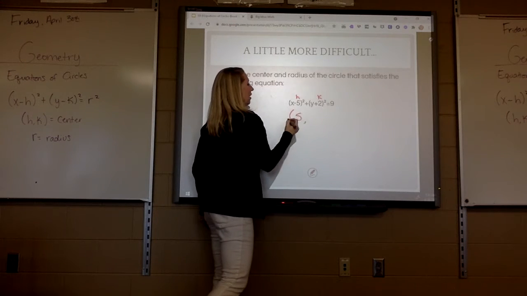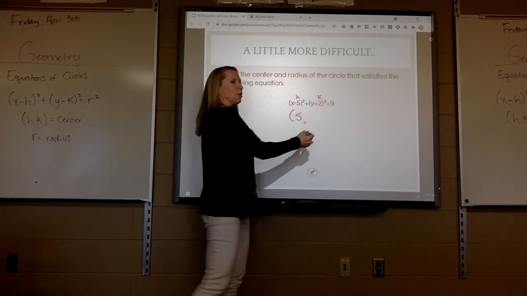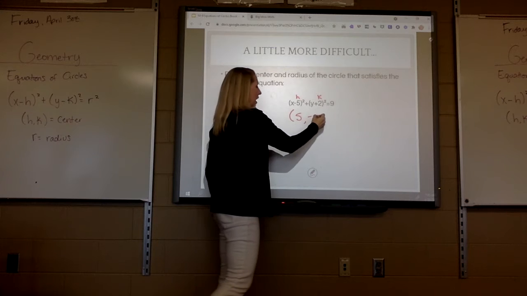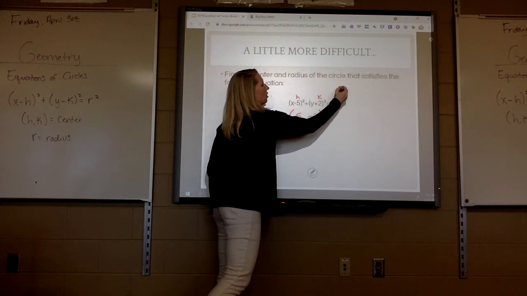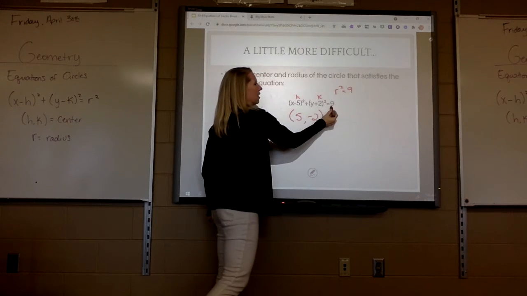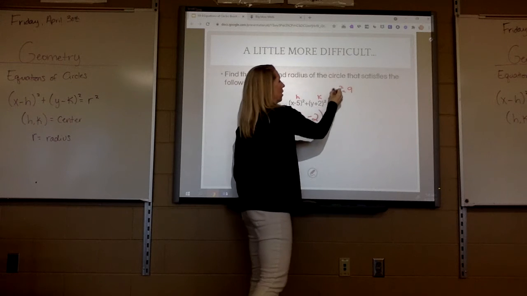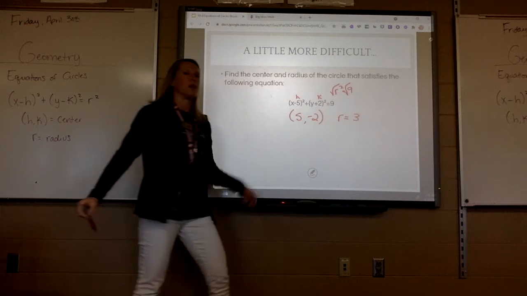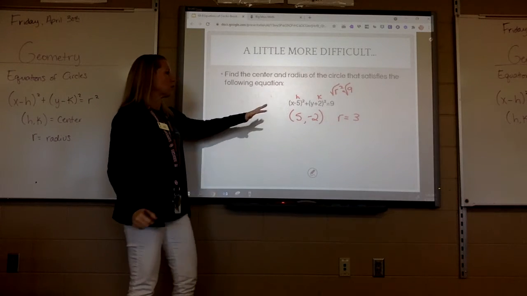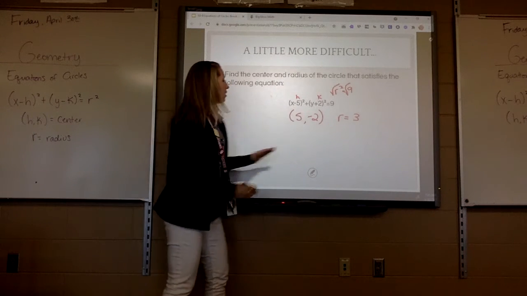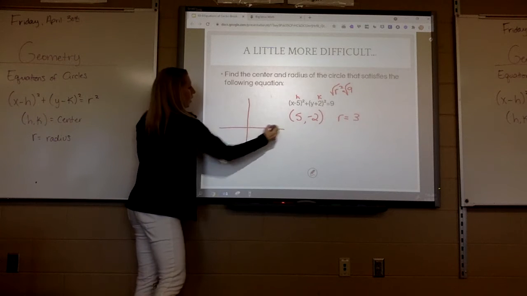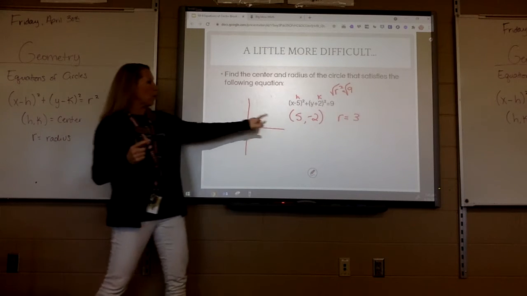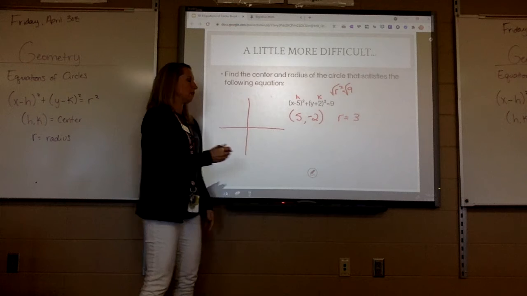Positive 5. If this is positive 2, what's my k going to be? Negative 2. This is r squared, so r squared is 9. What would the radius be? 3. So when you have some on big ideas that you have to graph, you'll have to graph that center point. So this is 5 comma negative 2.